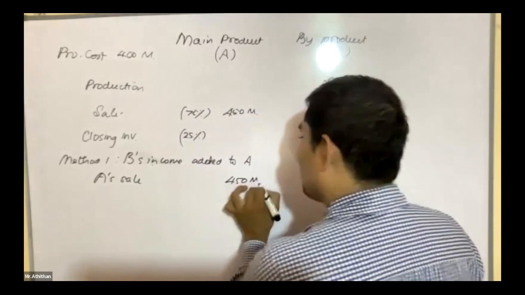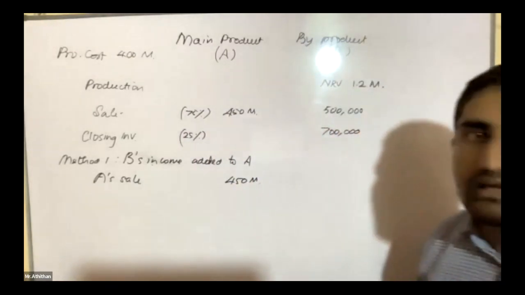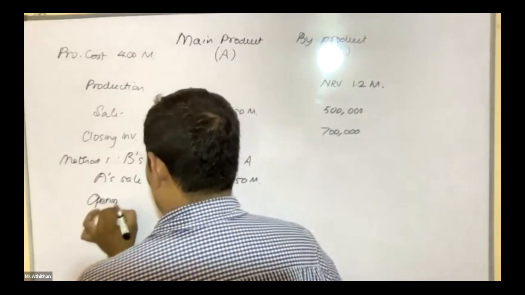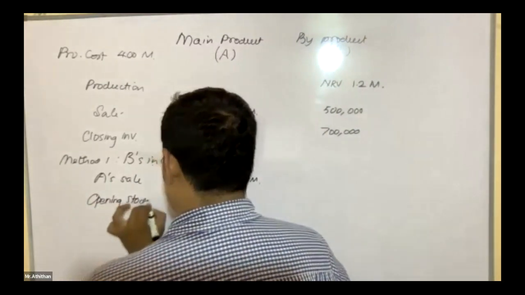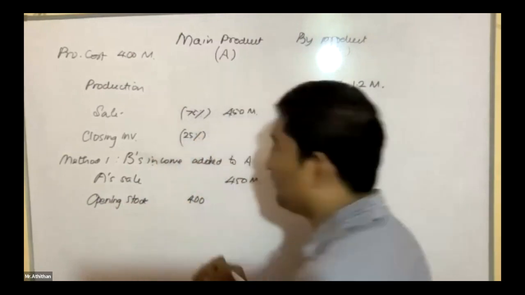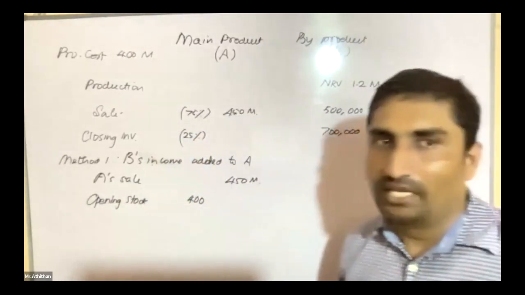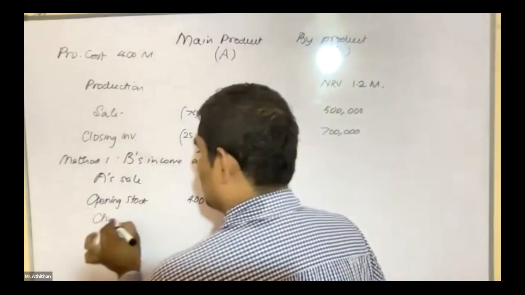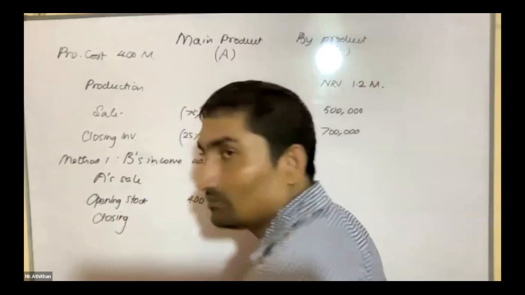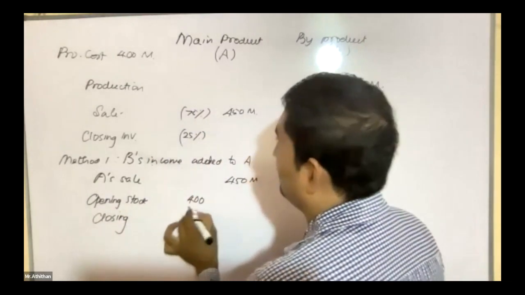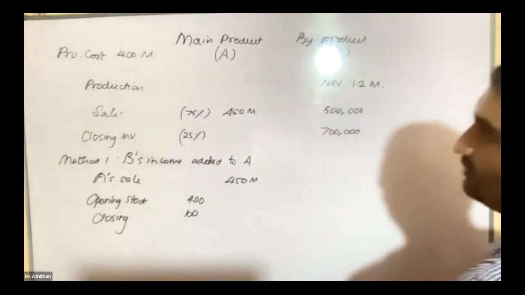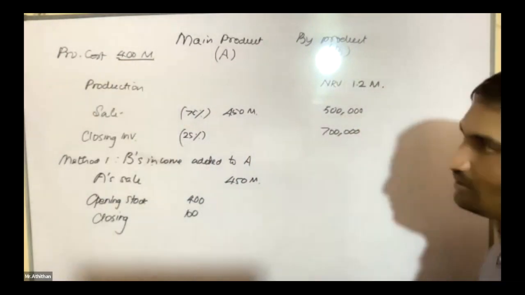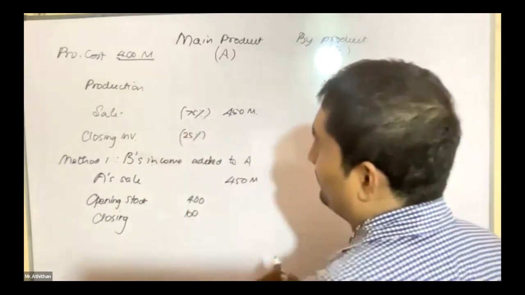Opening stock 0, cost of production 400 million, closing 100, right?